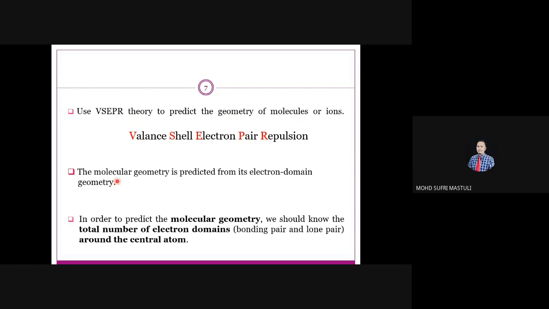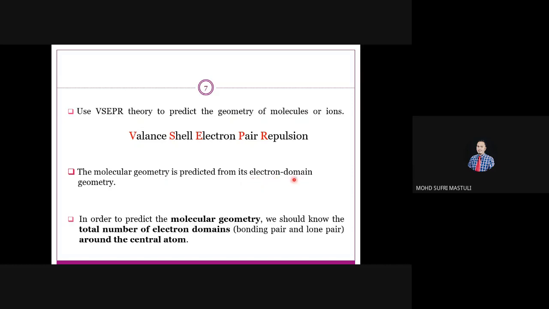So the molecular geometry is predicted from its electron domain geometry. This is the reason from the Lewis structure, you should know how to count the number of electron domain.